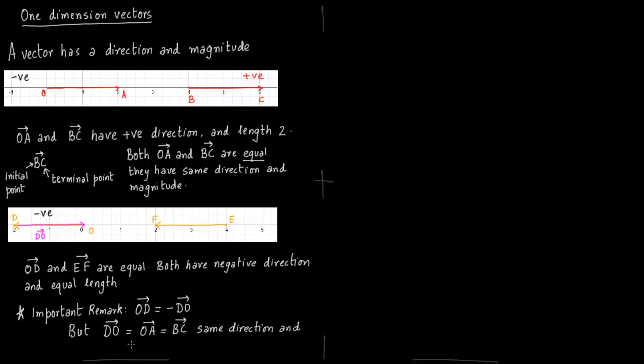The equality of vector just depends upon the direction and the magnitude. It does not depend upon the initial and the terminal point of the vector. So this is an important point to consider. Now we consider addition of vectors and subtraction of vectors. So we start with addition.